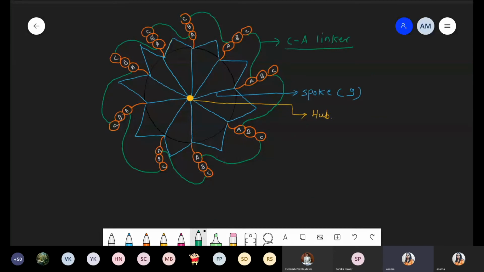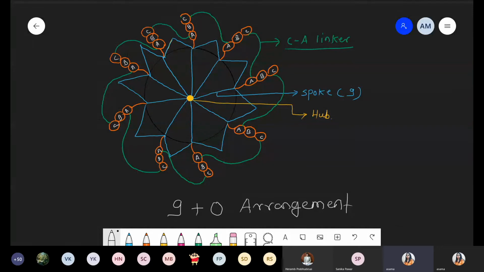And now, if we just discuss such type of this arrangement, these are called as 9+0 arrangement. Why 9? Because on the periphery, there is a presence of total 9 triplet fibril. 9, 1, 2, 3, 4. But at the center, there is no microfibril. At the center, just there is a presence of hub.